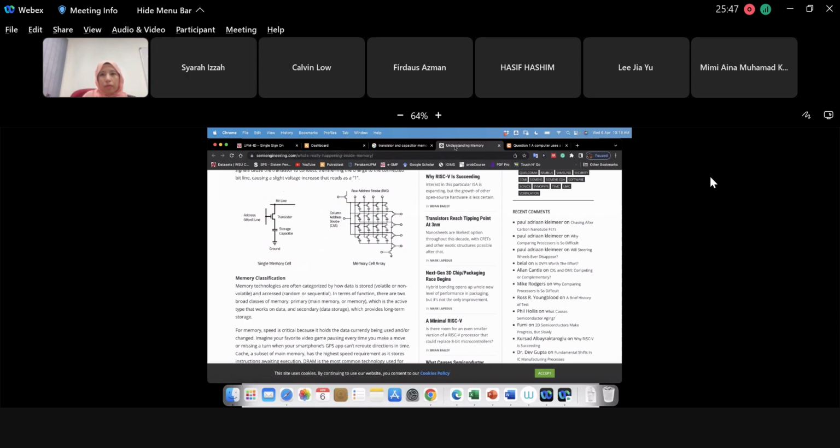Volatile is for the temporary, non-volatile for the permanent. And then the method of accessing the information or data inside the memory cell is in terms of random or sequential. We will go through this in detail in our slides.